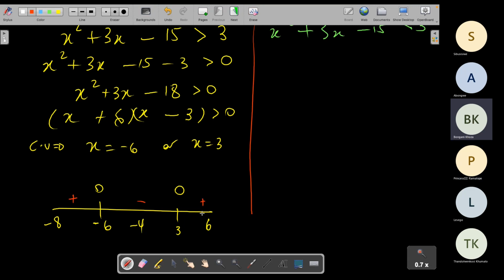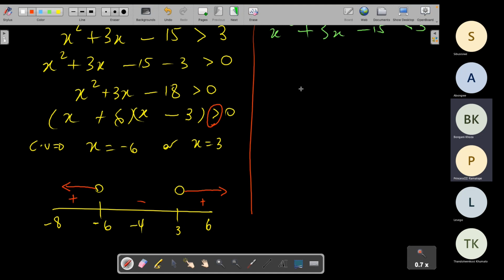Positive, right. So if it's greater than, what signs are we supposed to follow? The positives. So positive from here going that side, and from here going that side, like that.